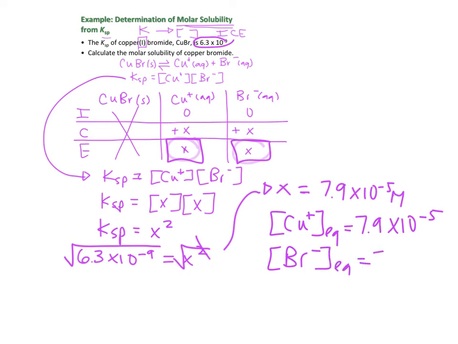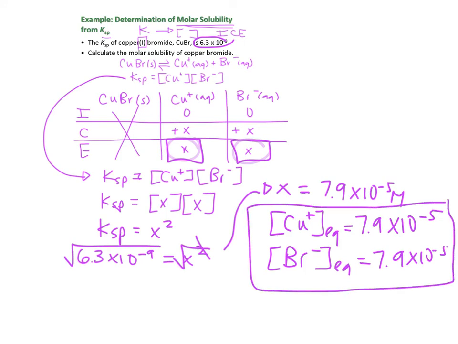At equilibrium, it's 7.9 times 10 to the -5th. So these are the molar solubility. I know they have basically two names, like concentrations at equilibrium, but for this chapter, we call them the molar solubilities. So we have calculated the molar solubilities from the Ksp by using the ice table and then solving for x.